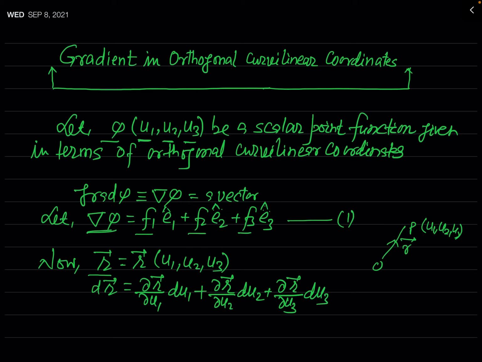Now you have seen in the previous lecture that ∂r/∂u1, ∂r/∂u2 and ∂r/∂u3 are equal to what? You can remember the results of the previous lecture. You have seen that ∂r/∂u1 is actually a vector which is called the basis vector, and it is along the tangent to the u1 curve.